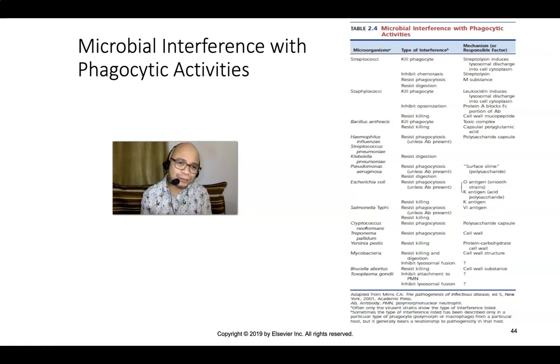We have Streptococcus, Bacillus anthracis, Haemophilus influenzae, Streptococcus pneumoniae, Klebsiella pneumoniae, Pseudomonas aeruginosa, Escherichia coli, Salmonella typhi, Cryptococcus neoformans, Treponema pallidum, Yersinia pestis, Mycobacterium, Brucella abortus, and even Toxoplasma gondii. Kindly study this table so that you will know the different mechanisms that allow these microorganisms to prevent phagocytic activities of the cells of our immune system, particularly the neutrophils and the macrophages.